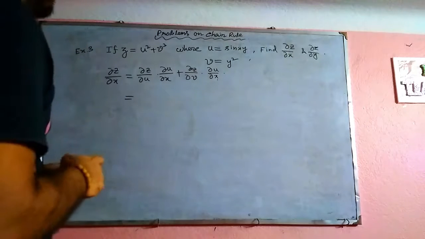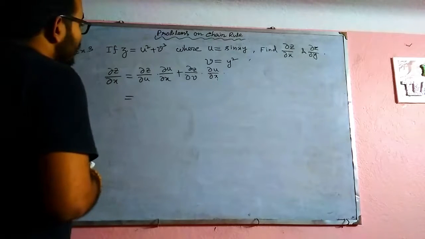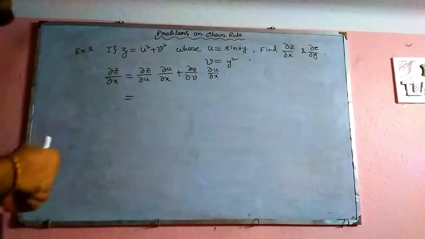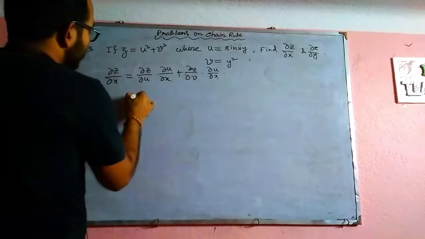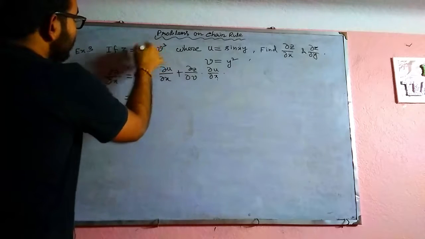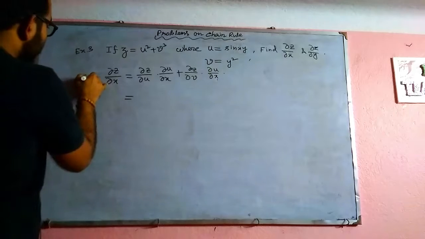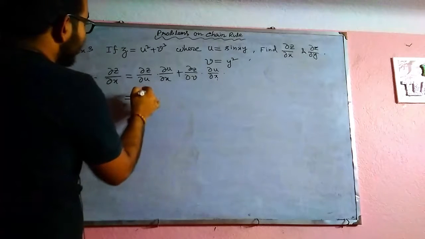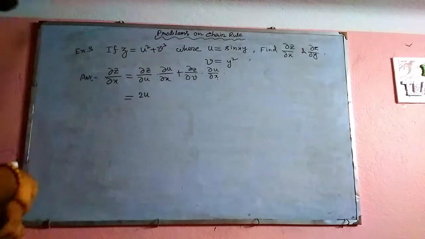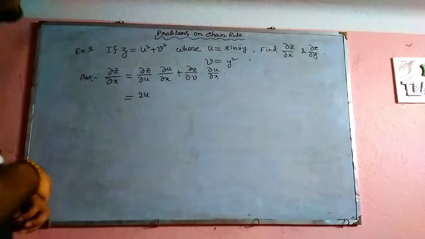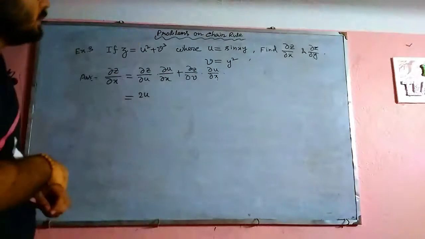See, what is del z del u? Del z del u is, we have to differentiate only u and keep v as a constant. So del z del u is 2u. And what is del u del x? See, u is sin xy.